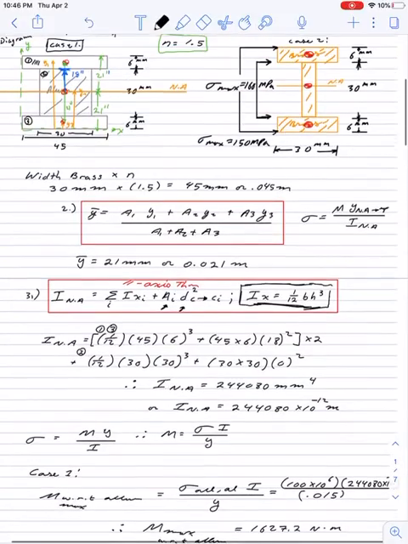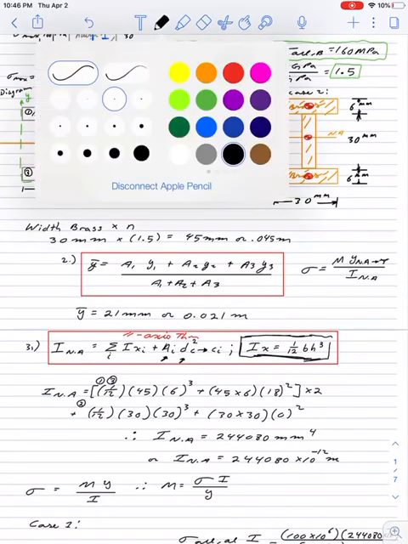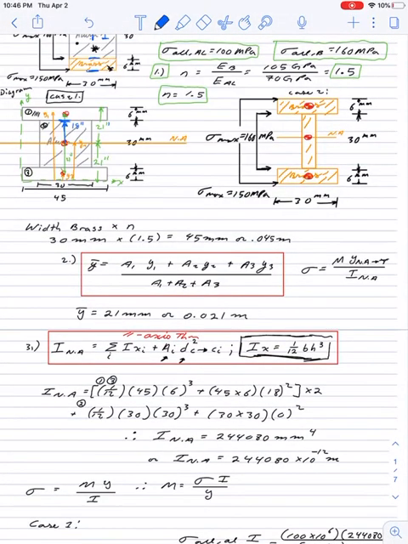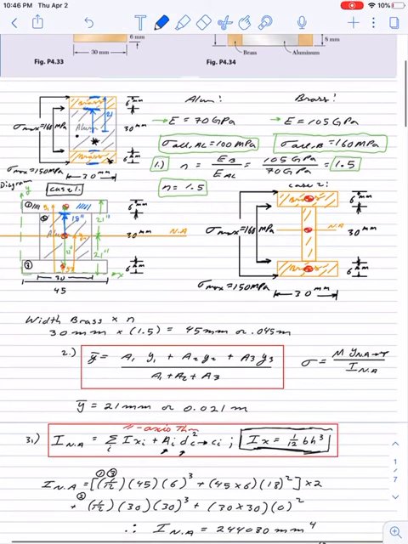If we go up to our diagram, notice that this is for aluminum. We're dealing with the aluminum. But brass is much different, right? The brass is a lot smaller than the aluminum. How much smaller?